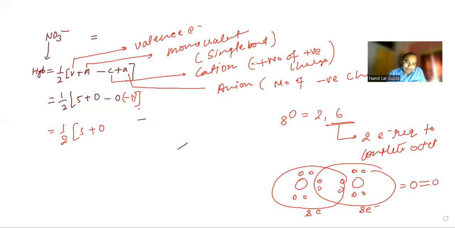So that is monovalent. To complete the octet, oxygen required 2 electron. Each oxygen required how many electron? 2 comma 6, it is having 6 electron. So 2 electron required. If 1 electron is shared, it means single bond. If 2 electron is shared, it means double bond.